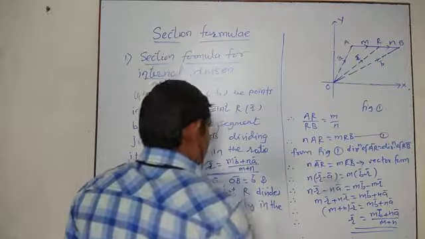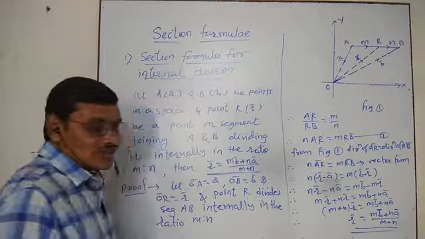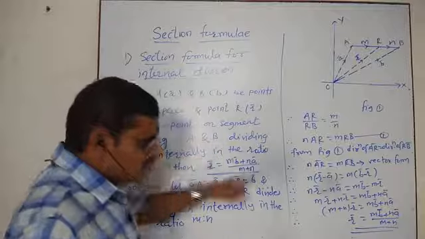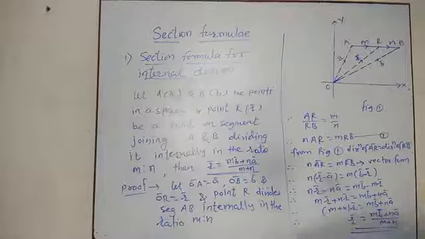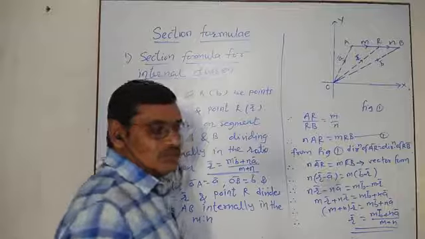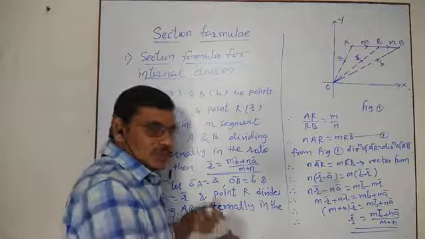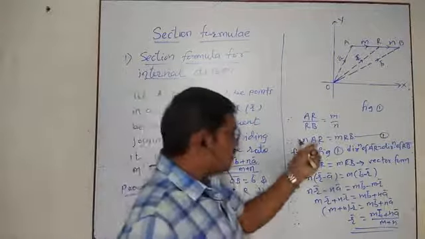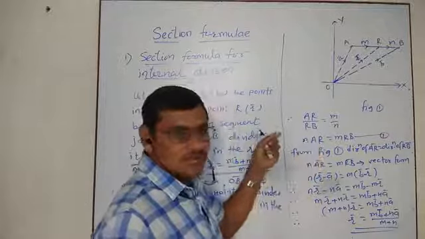Okay, this is our section formula for internal division. So this is the vector form of the section formula for internal division. Now we find the coordinates of the point R by using the formula.